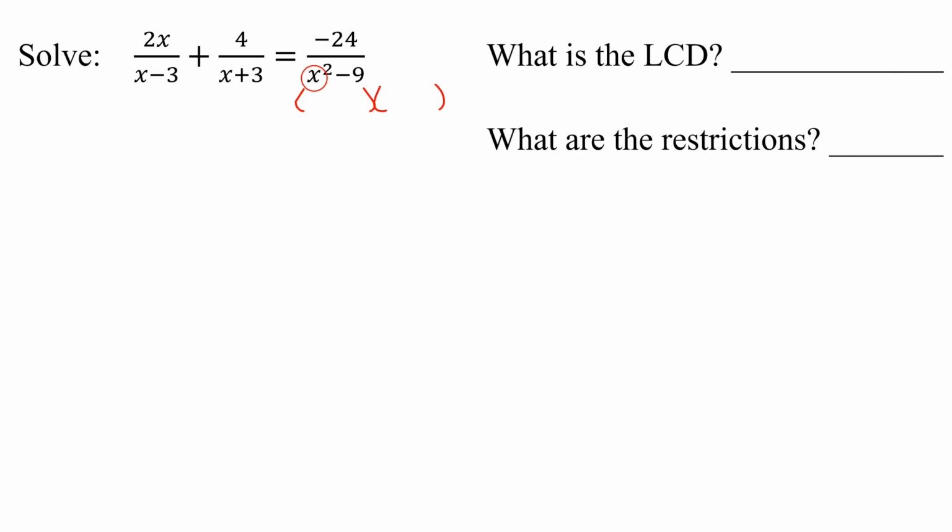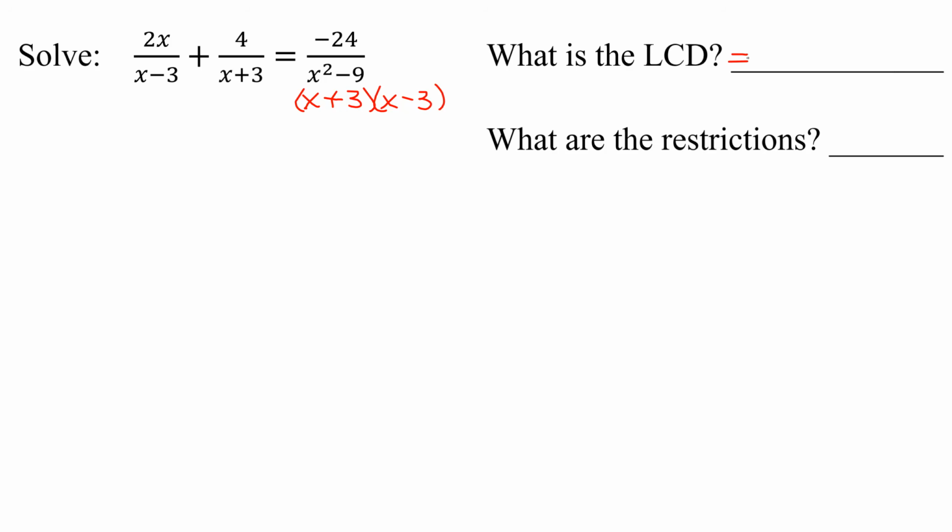The first term in each binomial is the square root of x squared, which is x. There are opposite signs in the parentheses, and the last term is the square root of 9, which is 3. So x squared minus 9 factors into x plus 3 times x minus 3. So now all our denominators are factored.